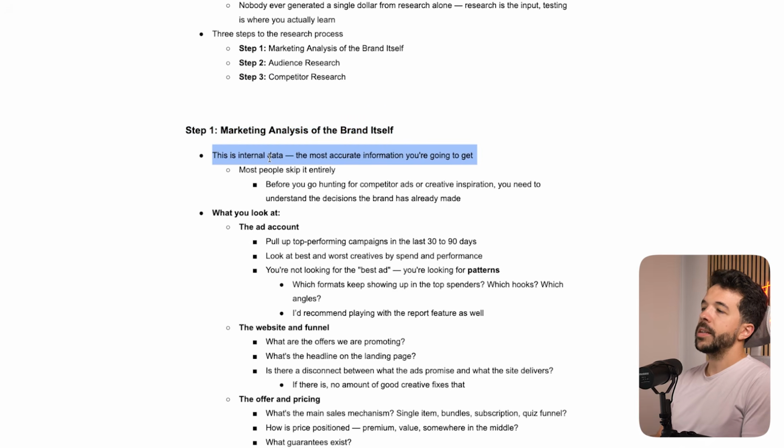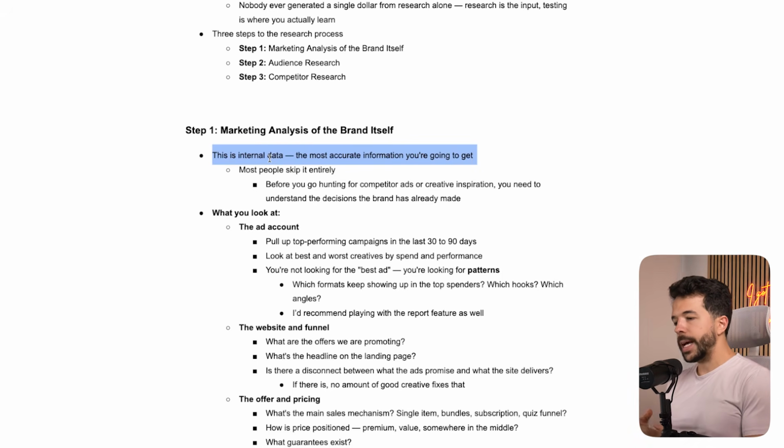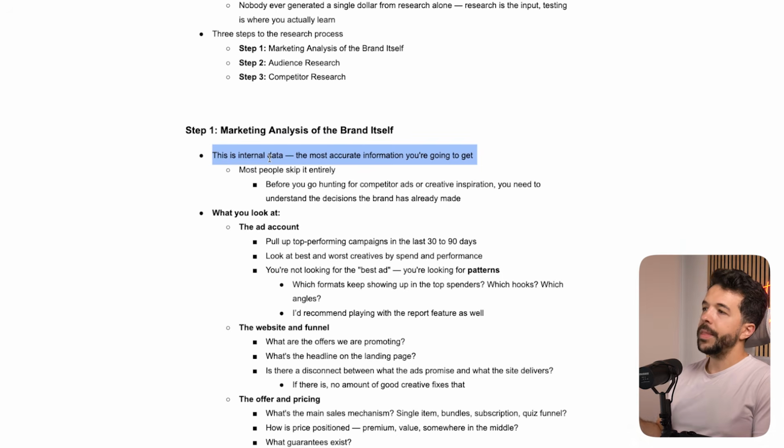This is literally internal data, as is just that. And one thing that I would love you to understand when it comes to research is that different types of research, or at least different types of sources of data, come with different levels of accuracy. And it's very important to understand the level of accuracy of the data that you are processing.